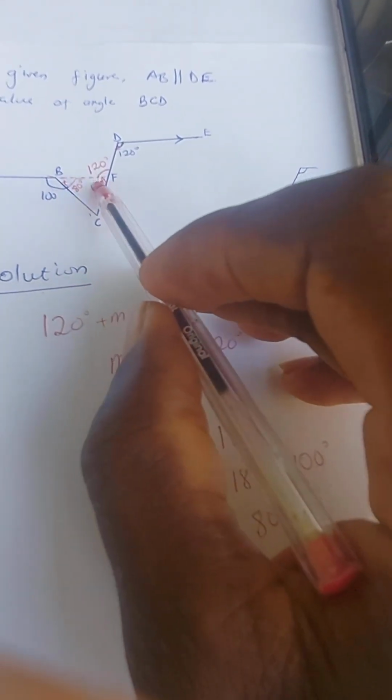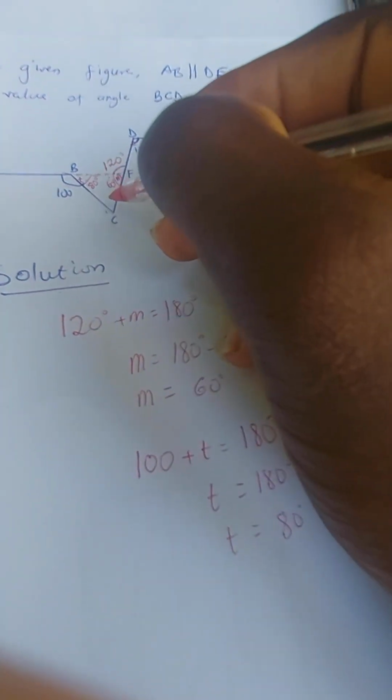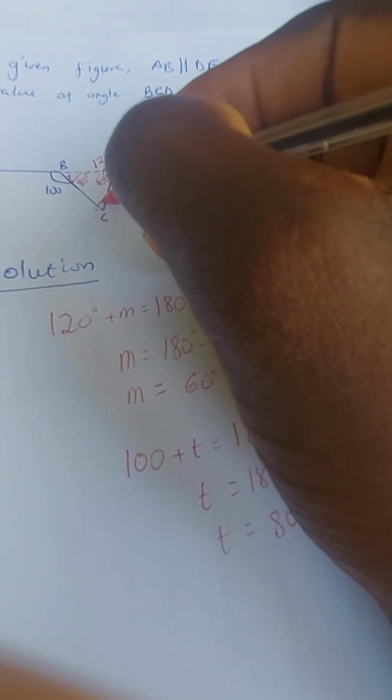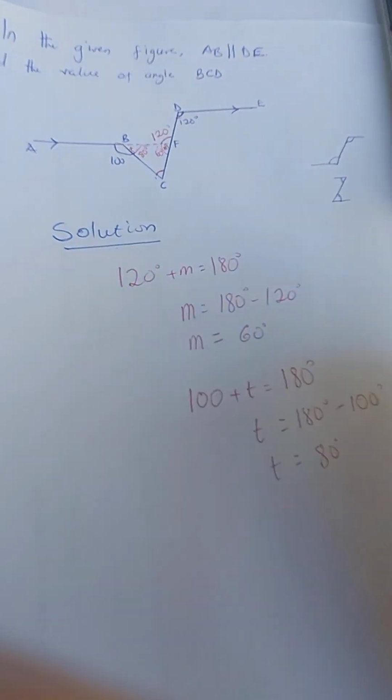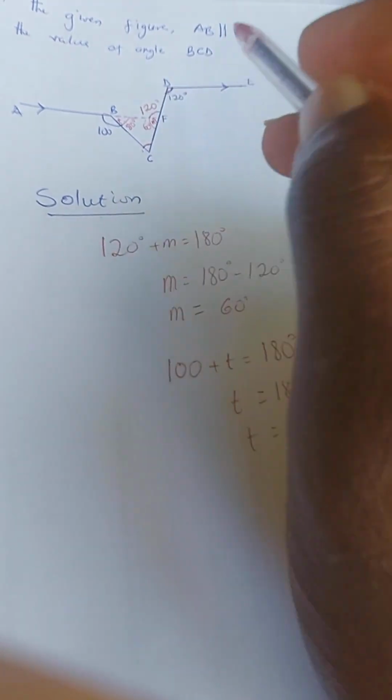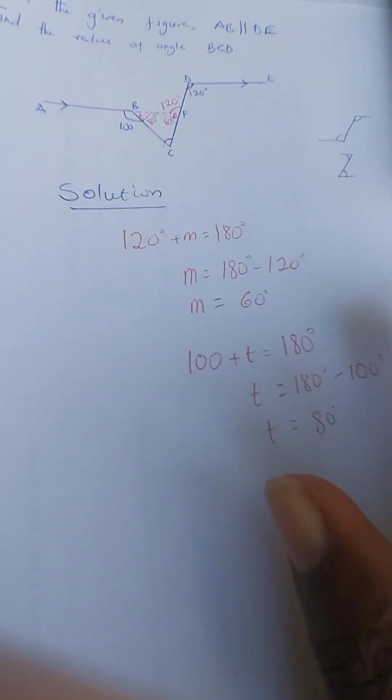Now we have two of the interior angles for triangle BFC, so we can find the value of the angle formed at C here. We know that the sum of the interior angles of a triangle is 180 degrees.